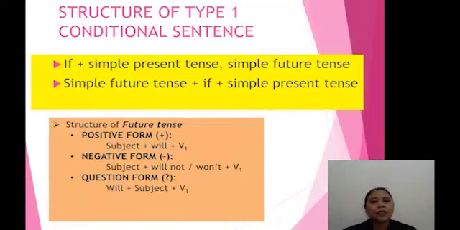And then the structure of type 1 is a little bit the same for the if clause, but different for the main clause. If simple present tense, comma, simple future tense. Or simple future tense if simple present tense.